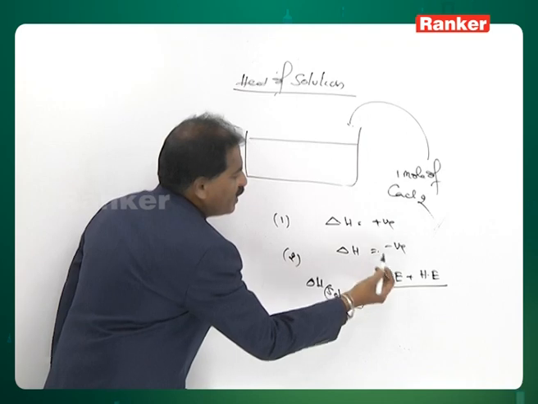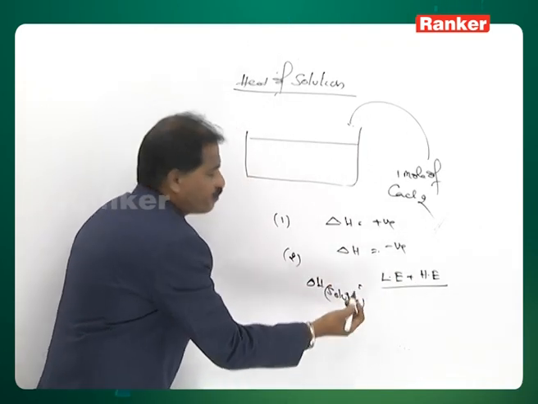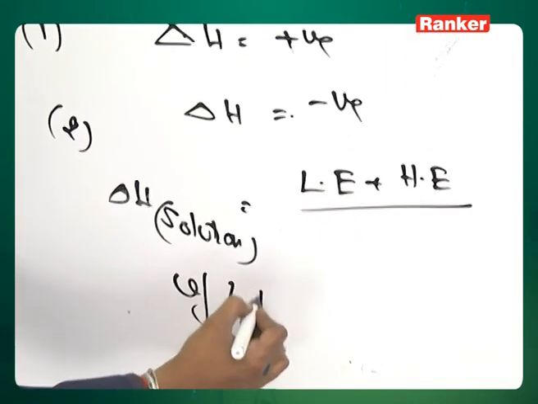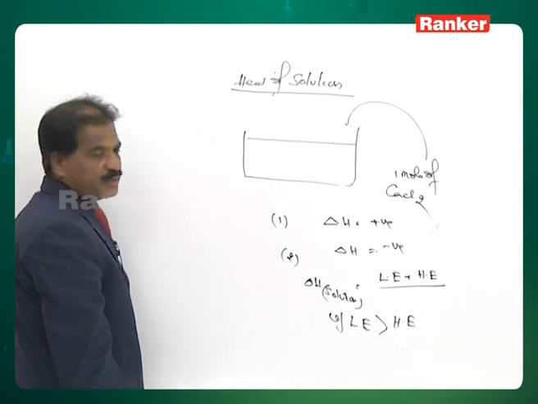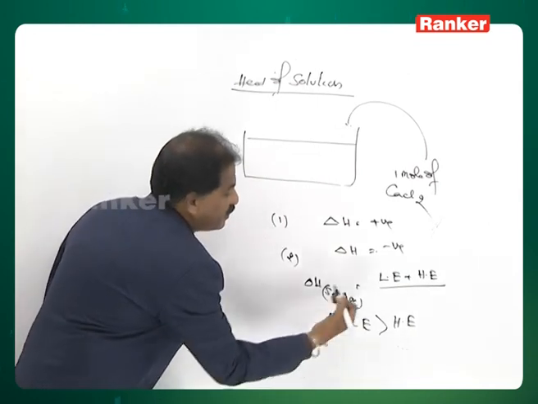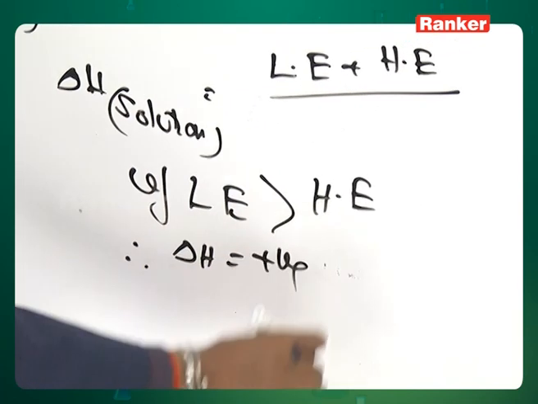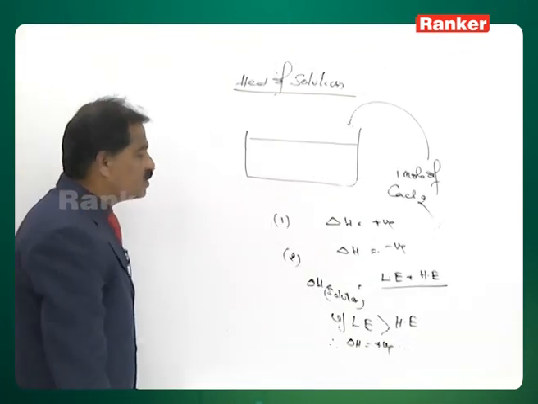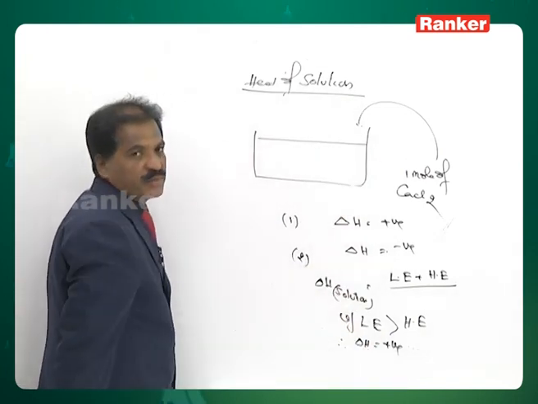If the magnitude of the lattice energy is more than hydration energy, the result will be positive. Lattice energy greater than hydration energy, therefore del H is positive. If del H is positive, then we can describe the total dissolution process as endothermic.